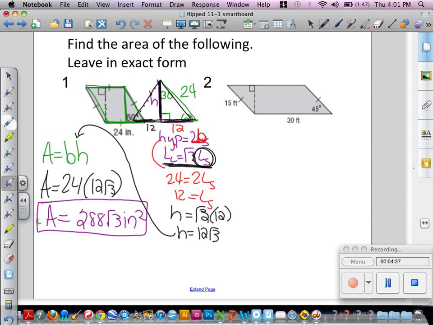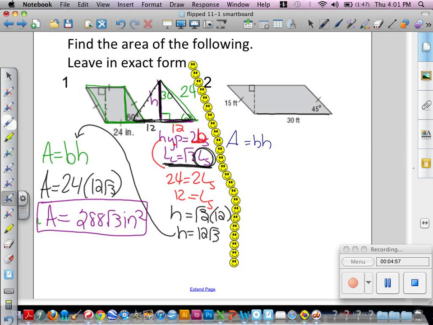I have to find the area of another parallelogram, so I'm going to need my base and my height. I have my base, which is 30. I need to find my height. I'm going to move that over here, and I'm going to work with this triangle.